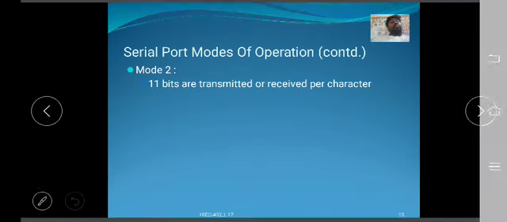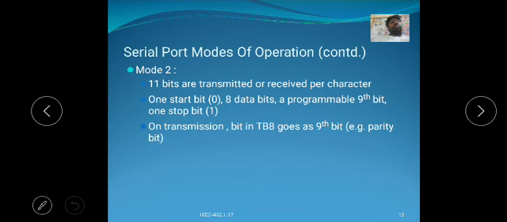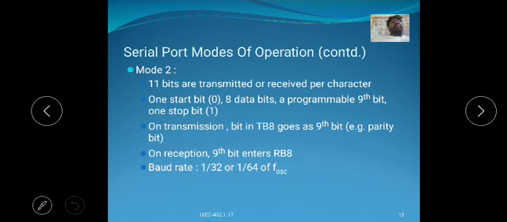Mode 2: 11 bits are transmitted or received per character: 1 start bit, 8 data bits, a programmable 9th bit, 1 stop bit. On transmission, the bit in TB8 goes as the 9th bit, for example a parity bit.